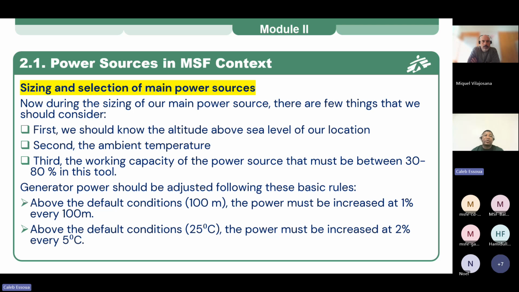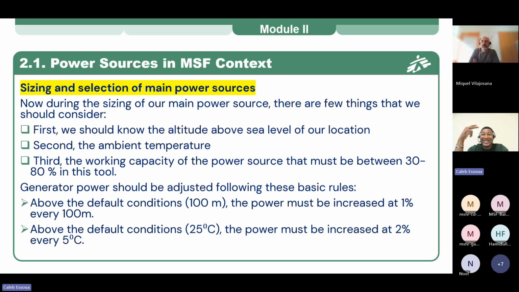But now during the sizing of our main power source, there are a few things that we should consider. The first one, we should know the altitude above sea level of the location where we are. If, for example, I'm in Malakal, I have to check on Google what my altitude above sea level is. This is one.